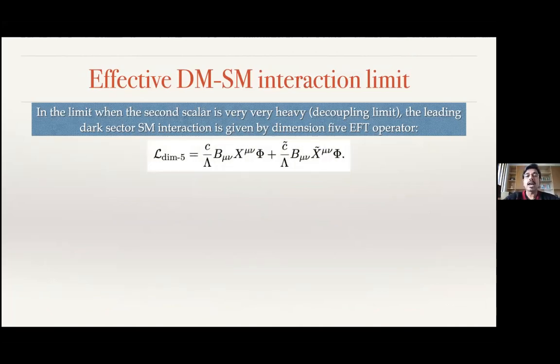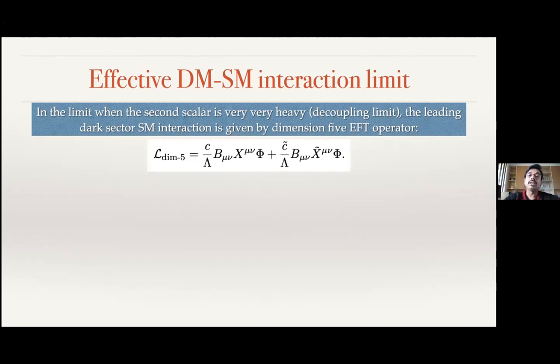The effective interaction is essentially the field strength tensor of this U1X, X mu nu, that is invariant under U1X, and B mu nu is invariant under the standard model. However, importantly, you note that X mu nu transforms under Z2. So X mu nu is odd under Z2, and X mu nu times phi together will make it Z2 invariant at the same time. So this is specifically the operator that I actually showed in that table.